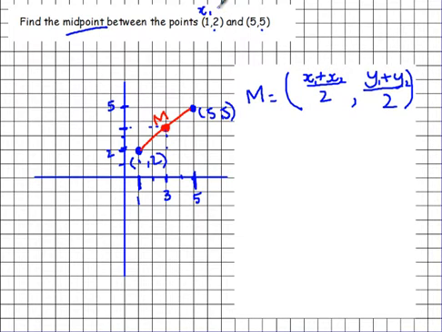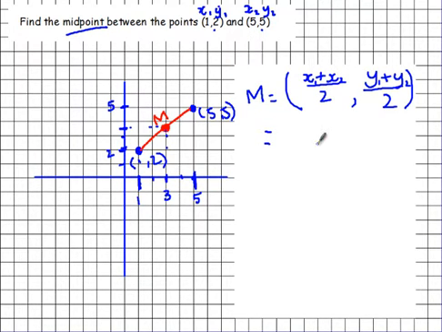We call that x1 and y1, and we call that x2, y2, which just means the x and y from the first bracket, the x and the y from the second bracket.